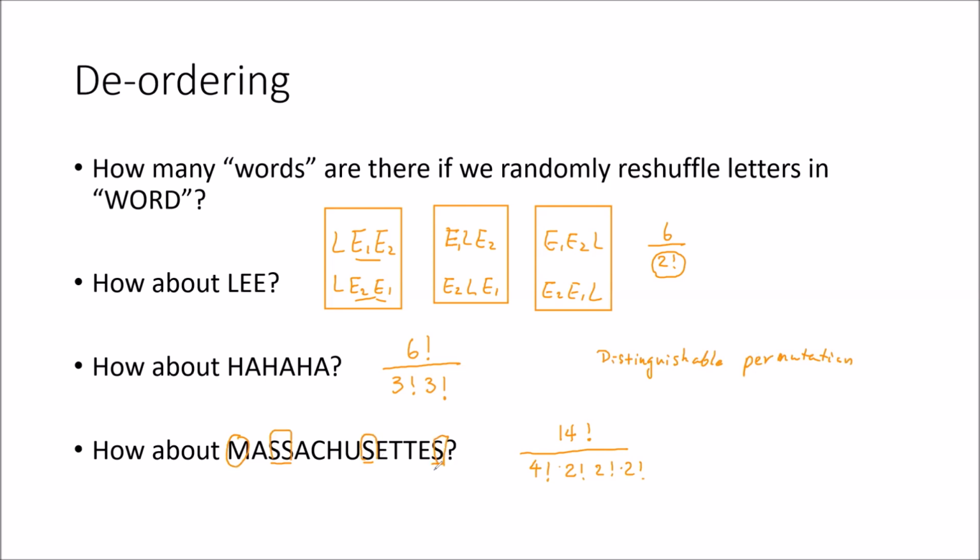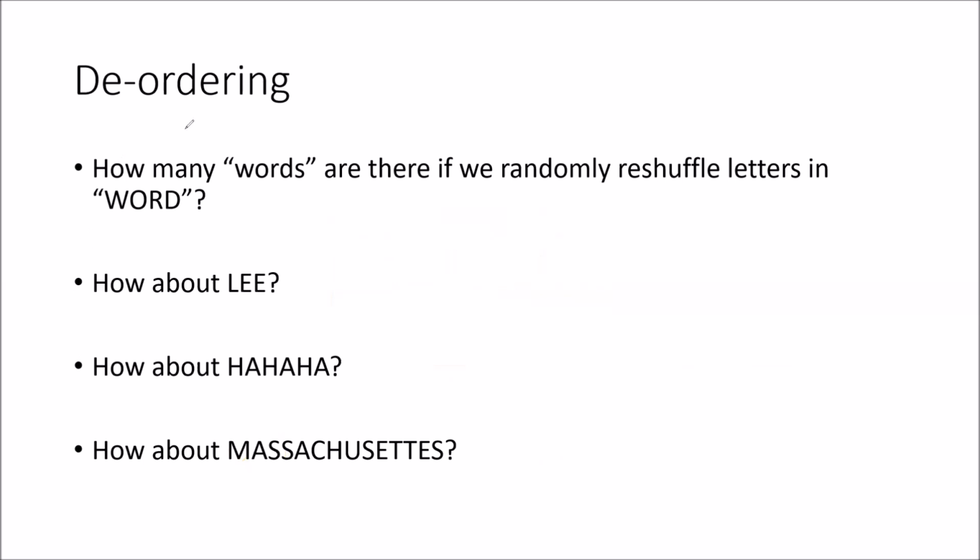But within each category, the objects are not distinguishable. Sometimes I just call them the Massachusetts, Tallahassee, Mississippi type of problem, and people usually get it very quickly. Okay, so that's this type of problem, using deordering kind of thinking.